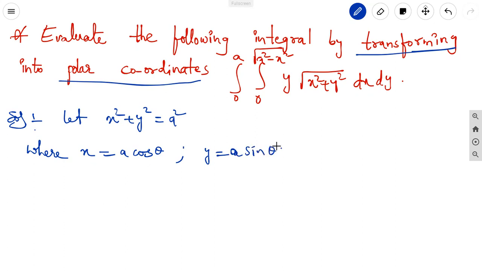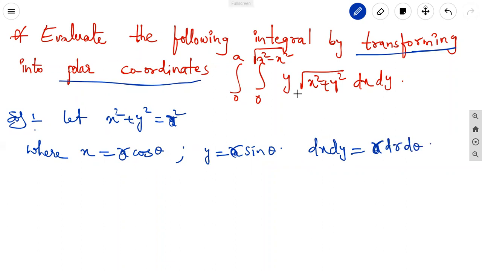But in the polar form, the variables are radius and theta. So we can take x square plus y square equal to r square, then x equal to r cos theta, y equal to r sin theta, then dx dy equal to r dr d theta.